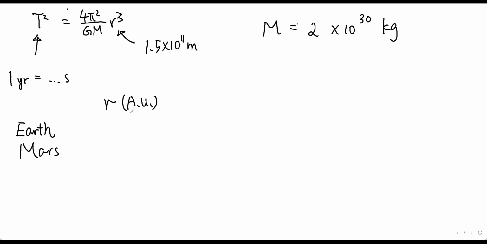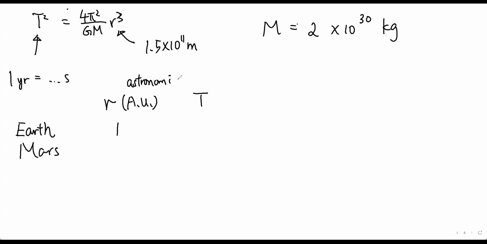Now, astronomers like to use this unit because they set the orbital radius of the Earth to be 1 AU. 1 astronomical unit, that means the distance between the Earth and the Sun.